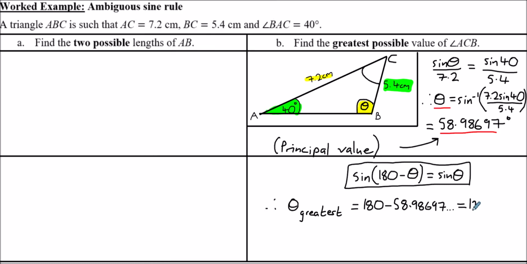But of course, that isn't what we wanted to find. We're after the angle at C. We found two possibilities for theta, which are these two. But what we're actually wanting is the angle ACB, which is this one here.